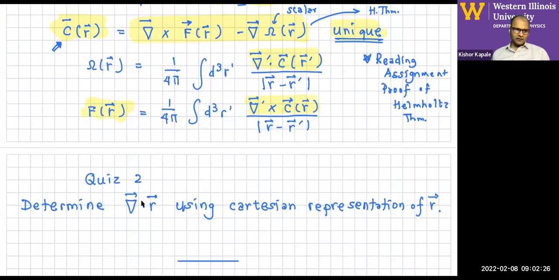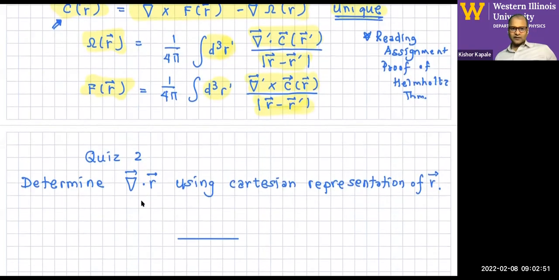And if we know the divergence, then you can determine the scalar field, because divergence is scalar. It's only going to give you the scalar field. And of course, you have these r minus r prime integrals, which are integrals over all space, where the divergence of C and curl of C appear.